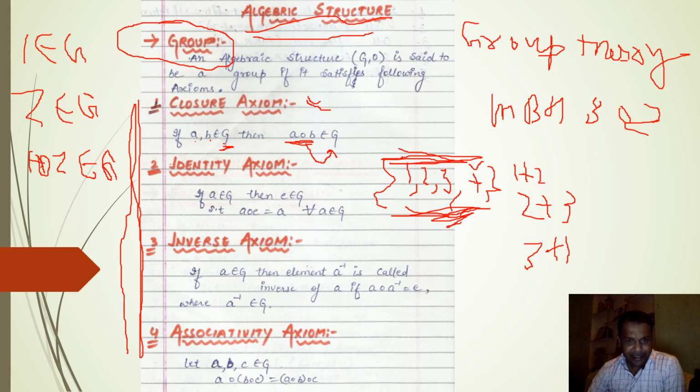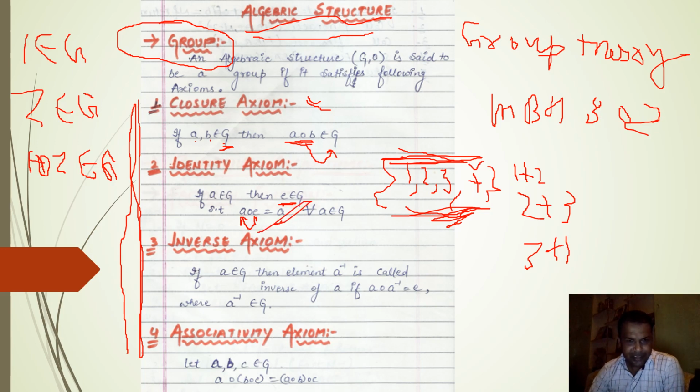Second is identity axiom. Identity axiom says that there must be an element which is known as identity element in such a way that if we operate this element with another element, then there will be no change on that element. This is known as identity axiom.